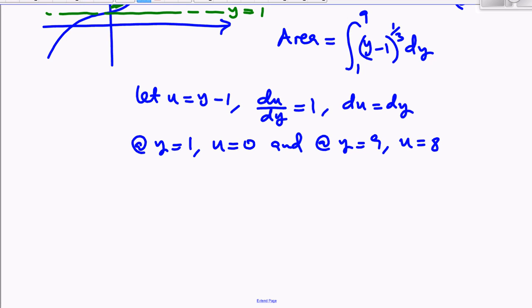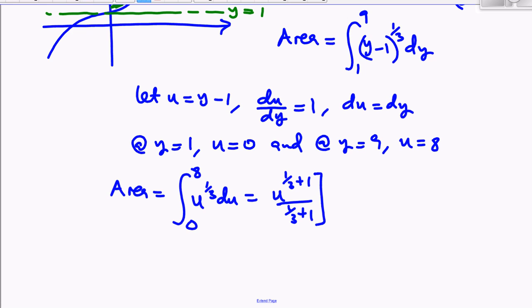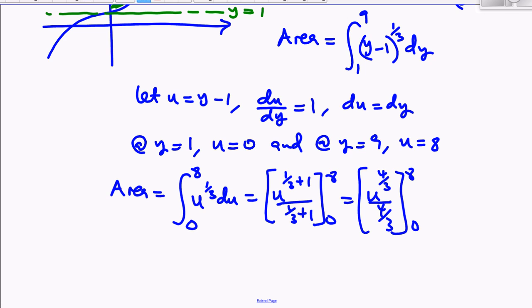So we'll end up with an integral with new variables, from 0 to 8 of u to the power a third du, which will be equal to u to the power a third plus 1 over a third plus 1, which is u to the power 4 over 3, which will be just 3 over 4 times 8 to the power 4 over 3 minus 0.